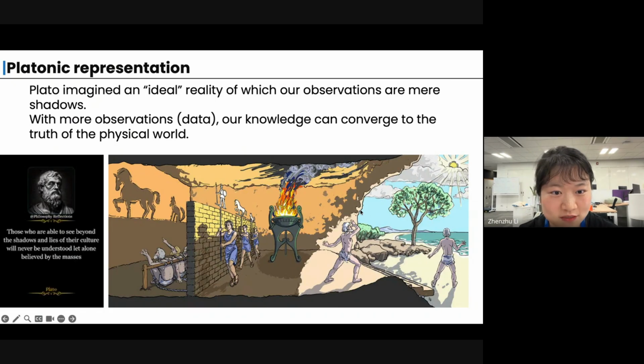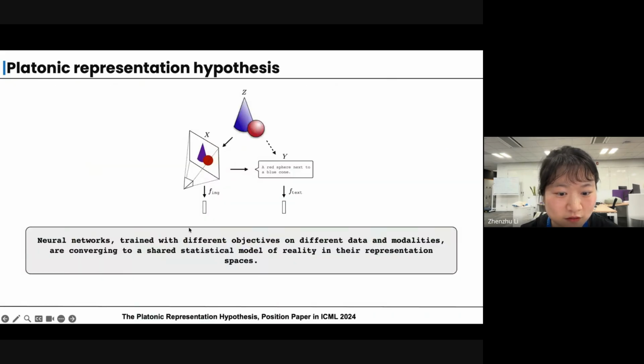Based on this, a team from MIT in 2024 published the paper, the Platonic Representation Hypothesis.